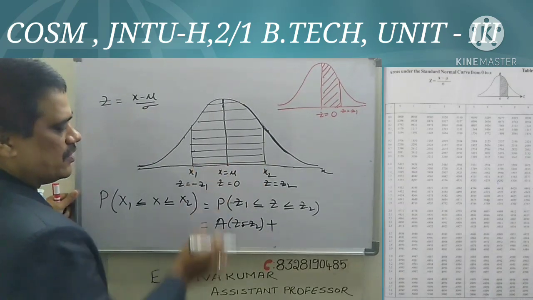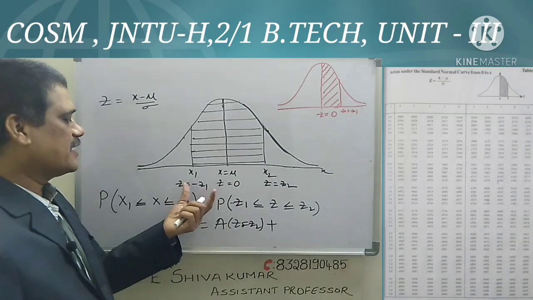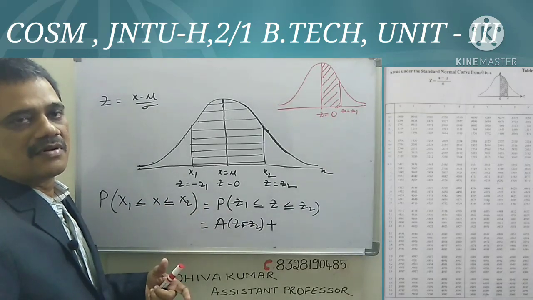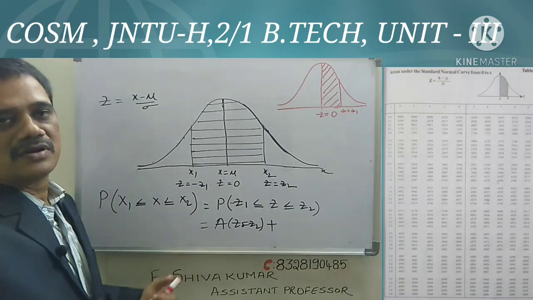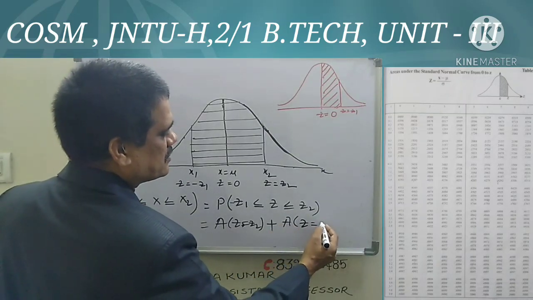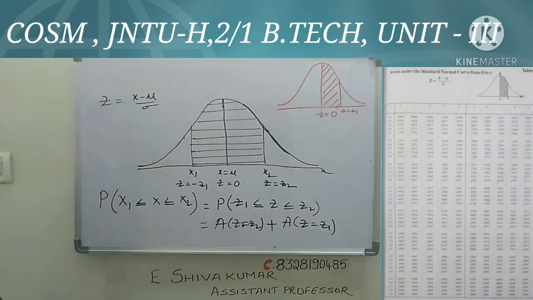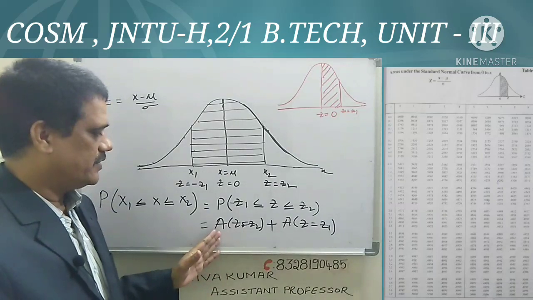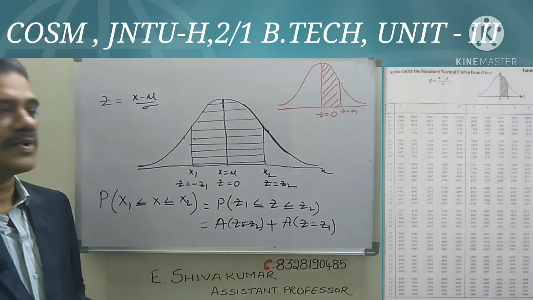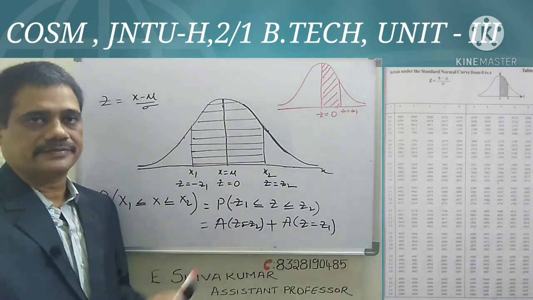Now we already know that it is symmetric, so instead of calculating z equals minus z1, the area is the same for z equals plus z1. So I am just writing area of z1. That's all. Is it clear? With this we can calculate the area under the normal curve for the given region. I hope it is clear.